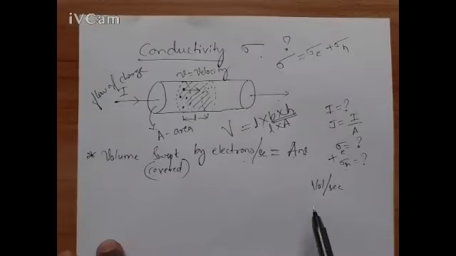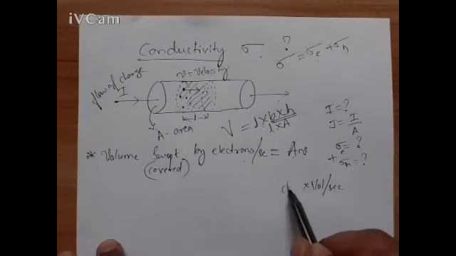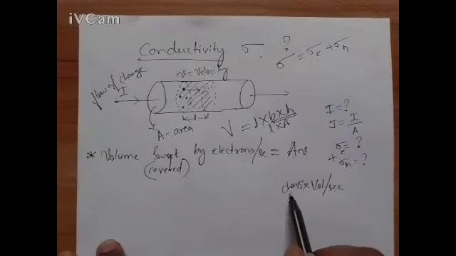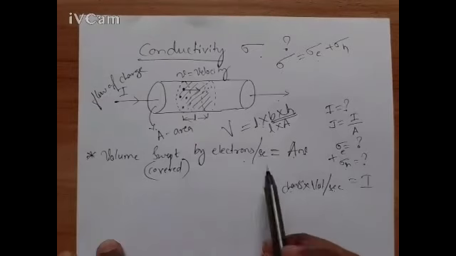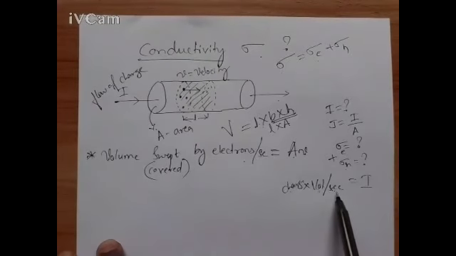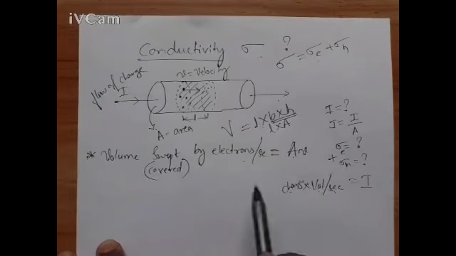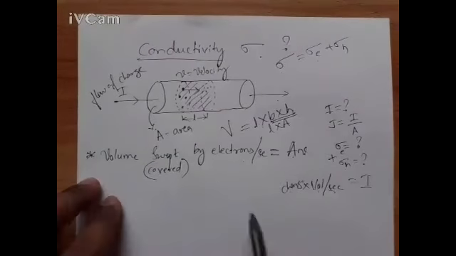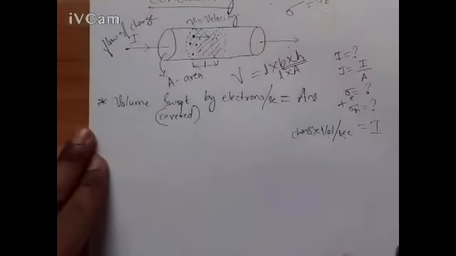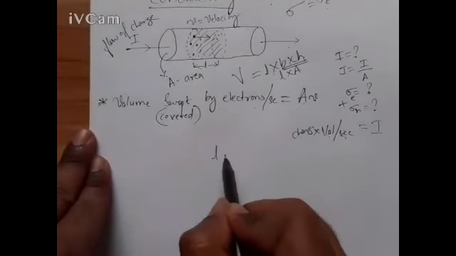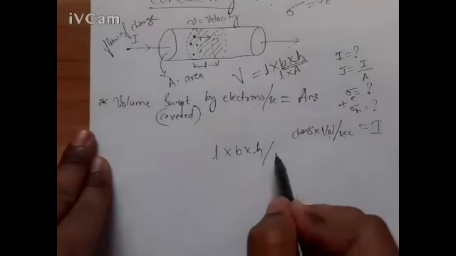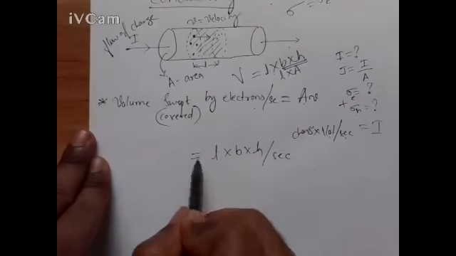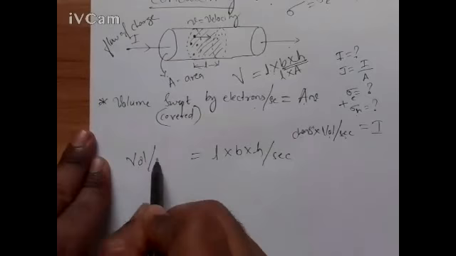What I want is volume per second, because volume into the charge, that means charge per second, is equal to current. That's why I'm writing this as volume per second. So it is length into breadth into height per second. This is volume per second.